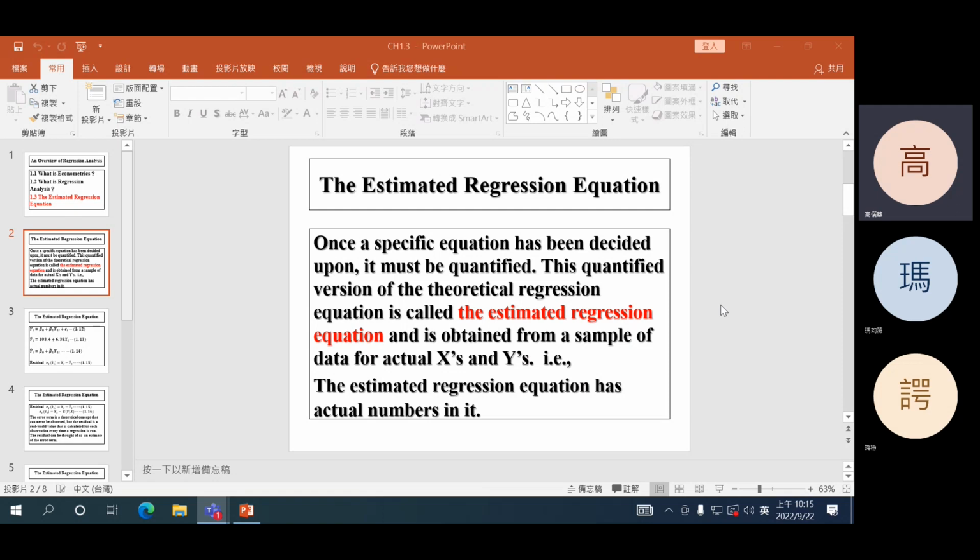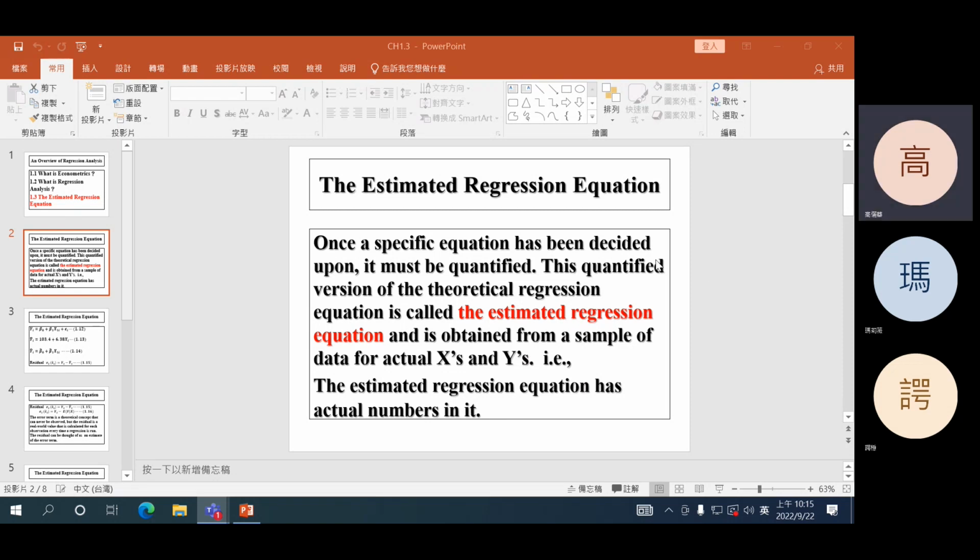This quantified version of the theoretical regression equation is called the estimated regression equation, and is obtained from a sample of data for the actual X and Y's. In other words, the estimated regression equation has actual numbers in it.